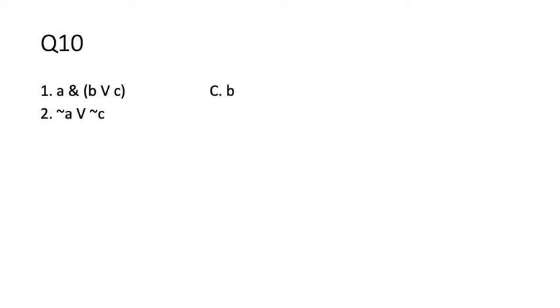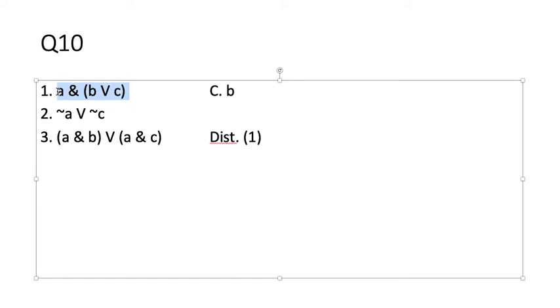What am I going to do here? I'm going to do distribution on line 1. Distribution on line 1 enables me to turn this conjunction into a disjunction.